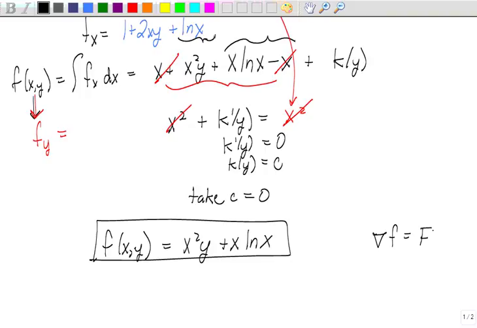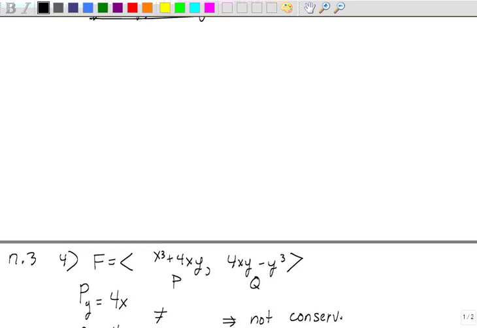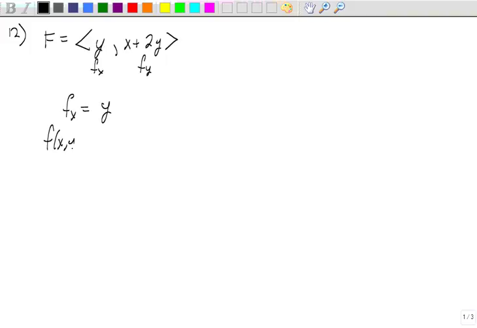Okay, 12. We have to find it and calculate it. So our vector valued function is this. This is f of x, this is f of y. So f of x is y. So we integrate that with respect to x. We get yx plus constant.